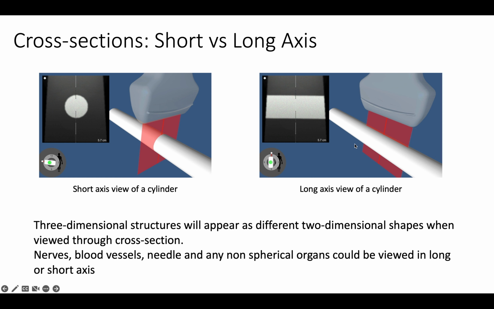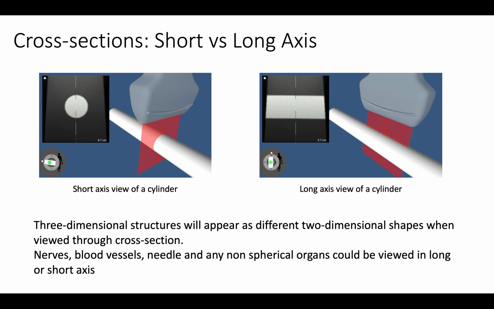And this is the long axis of the cylinder. It's very simple, but imagine that nerves, blood vessels, needles, and basically any organs can be viewed in both long and short axis. We will frequently use those terms. We're going to look at the nerve in short axis or in long axis.